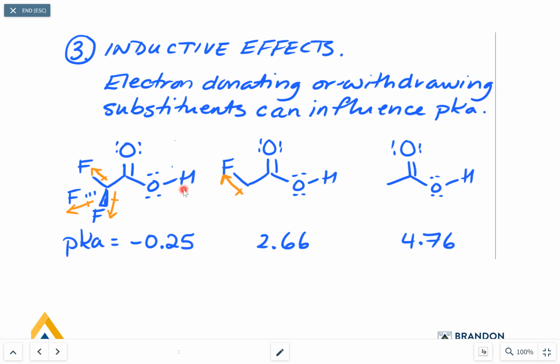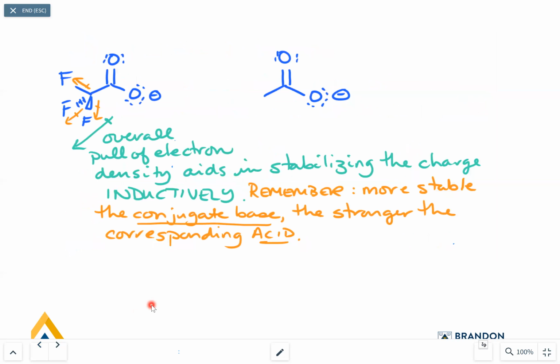which means it would be easier to remove the proton. And likewise, if you deprotonate it, this negative charge, versus a negative charge here, I think the better analysis is once it's been deprotonated, which one's more stable. So overall, we've got a pull of electron density in this direction, and it's helping to stabilize this. Each one of these is stabilized by resonance, but in this case, this electron withdrawing is stabilizing that negative charge inductively.